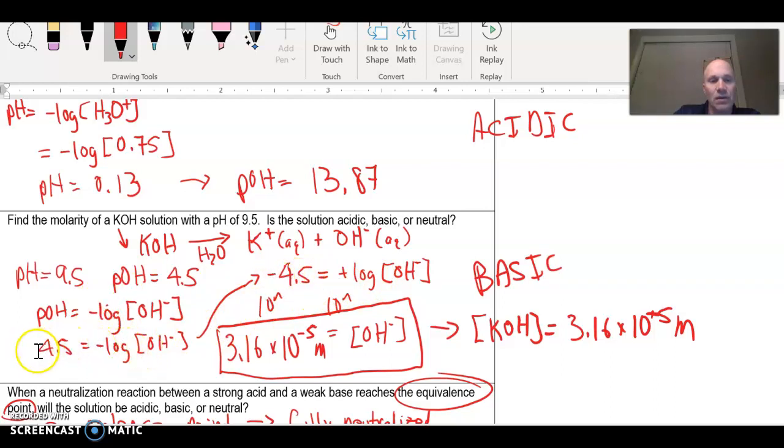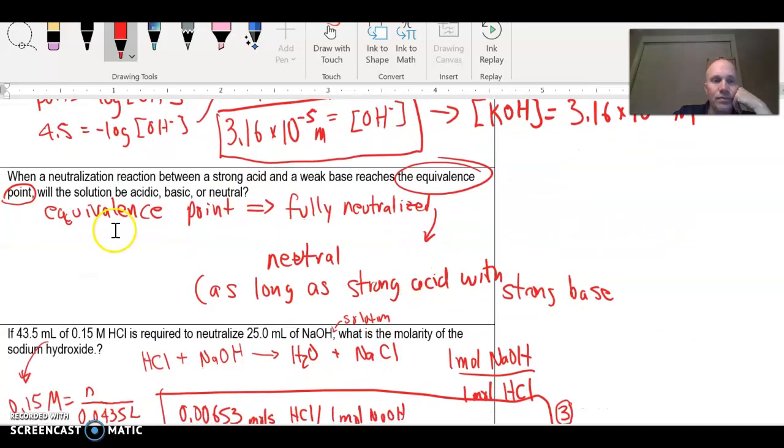So I'm going to put a negative there and turn that into a positive, and then I'm going to do 10 raised to that on both sides, and that's going to give me this number right here. And since KOH is a strong base, I could assume that the hydroxide ion concentration is the same thing as the concentration of KOH.